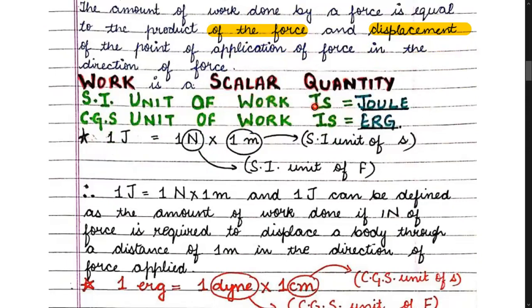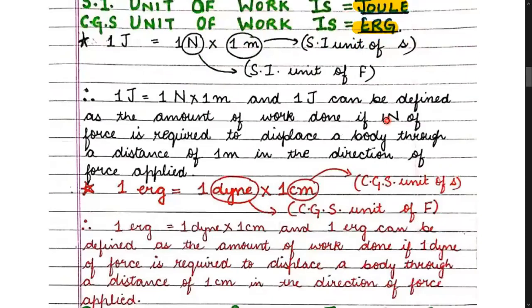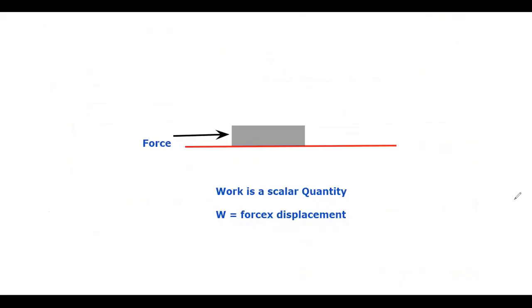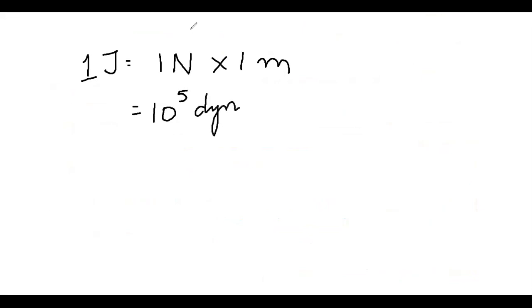And the SI unit of work is joule, while the CGS unit is erg. So children, let us find the relation between joule and erg. 1 joule can be written as 1 Newton multiplied by 1 meter. And Newton can be termed as 10 raised to power 5 dynes.